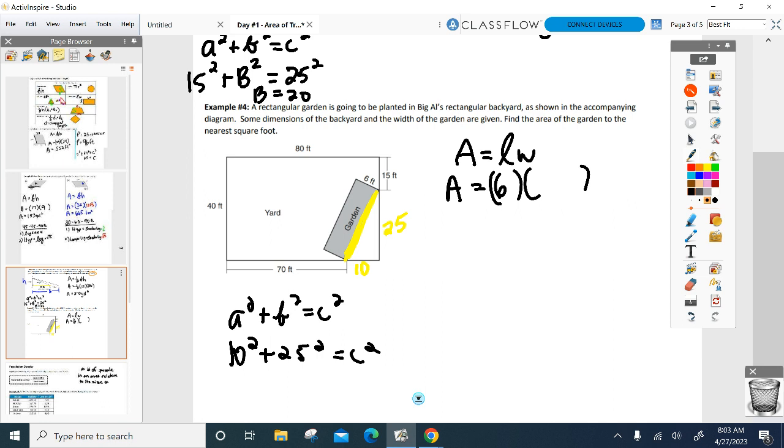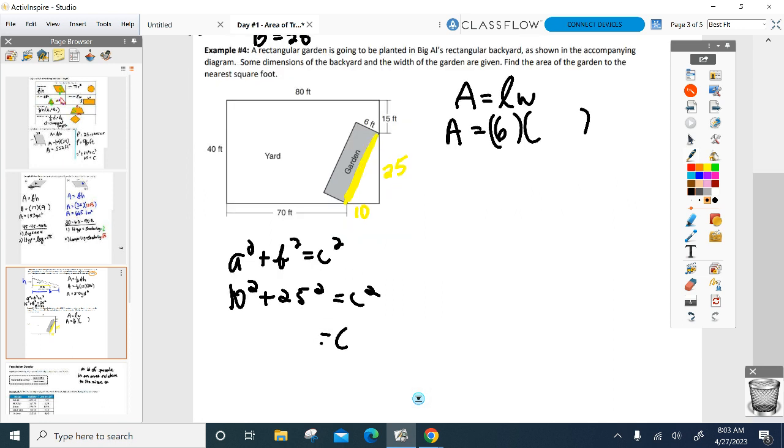You plug that full decimal into the area of a rectangle. So you guys should be taking the square root of 725, right? That's a big number, but I put that into the formula. Do not round it. And then multiply it by 6.